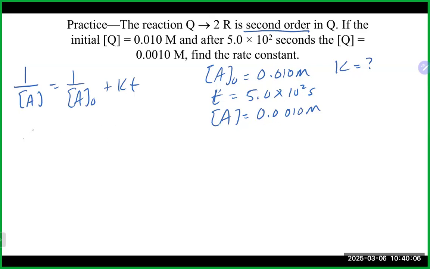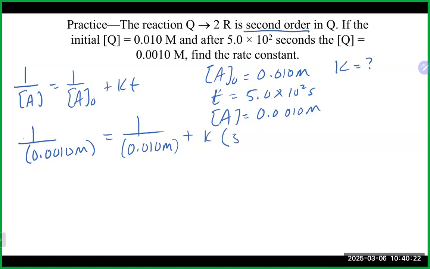So we'll put in our numbers here: 1 over our final 0.001 molar equals 1 over 0.01 molar, plus our k, which is what we're looking for, times our time, which is 5 times 10 to the 2 seconds in this case.